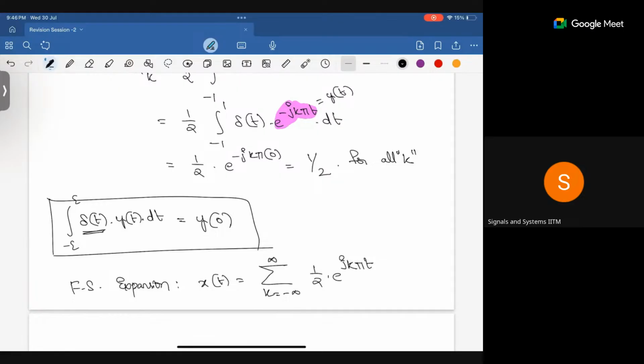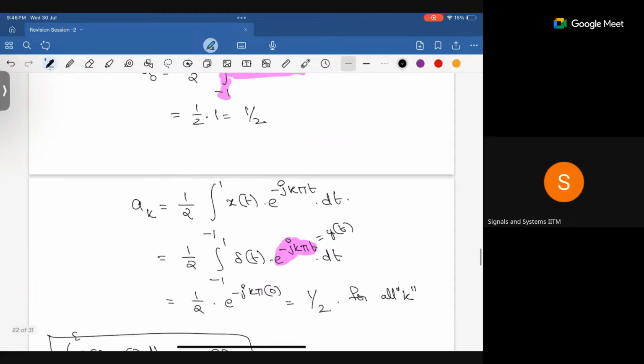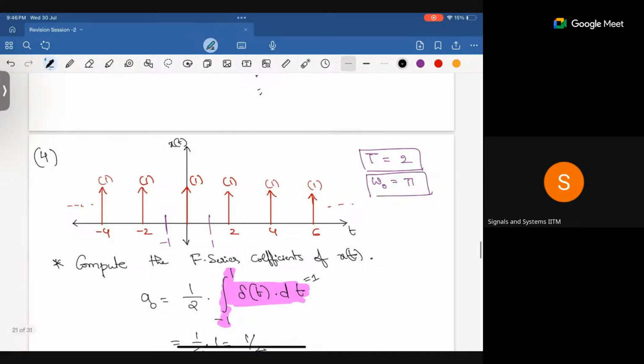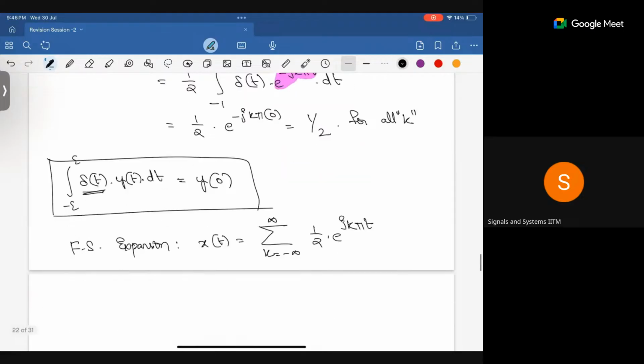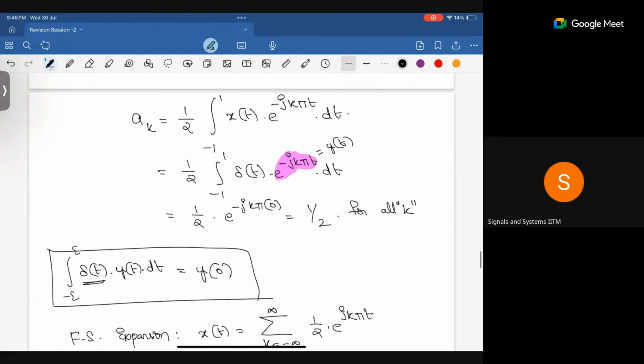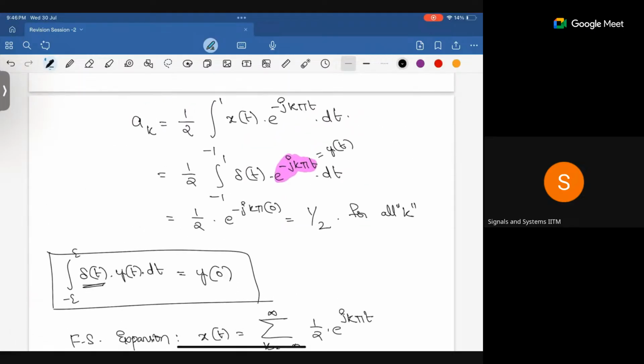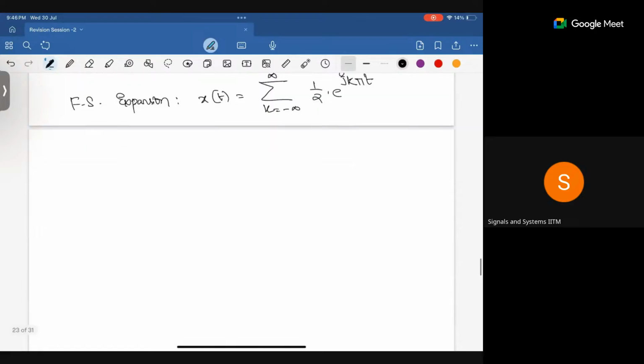This is the Fourier series expansion of the scaled impulse train. We didn't take the impulse train exactly; we have scaled it. So even the Fourier series coefficients are just the scaling factors of the expansion. Okay, I hope this is clear.